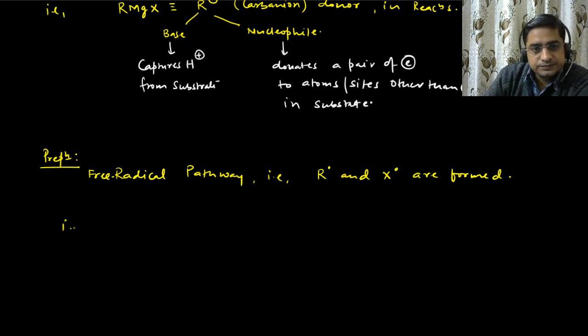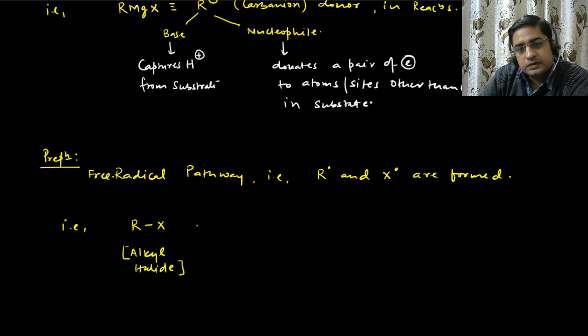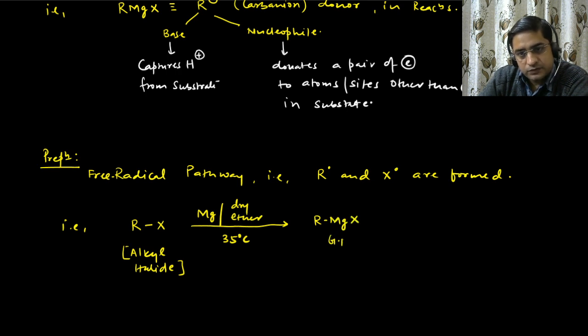When RX, that is alkyl halide, is warmed in a mixture of magnesium and dry ether at 35 degrees Celsius, Grignard reagent is formed.